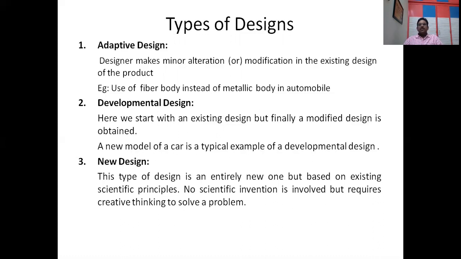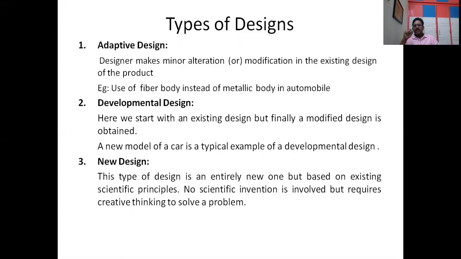So basically, we have three types of designs: adaptive design, developmental design, and new design. Adaptive design and developmental design are based on existing designs, but in adaptive design we have minor alterations and modifications, and in developmental design, major alterations and modifications.